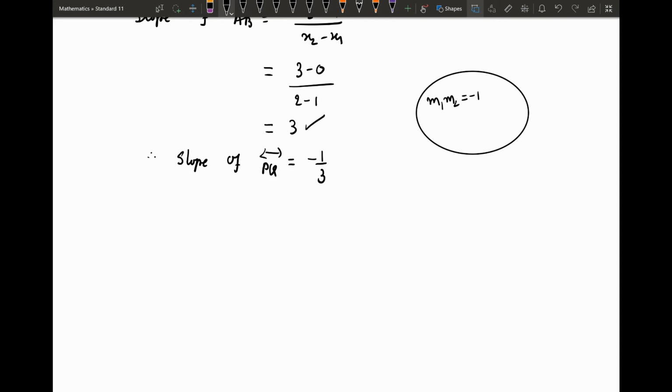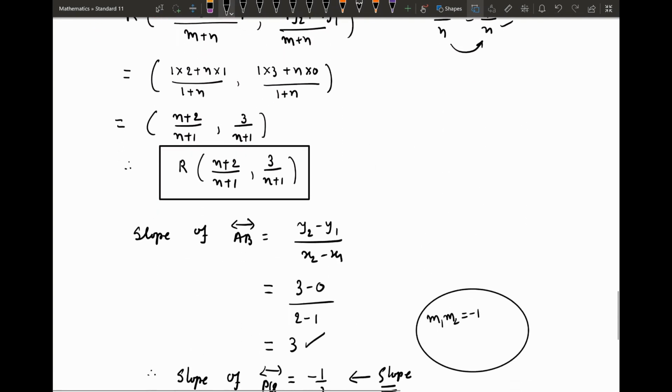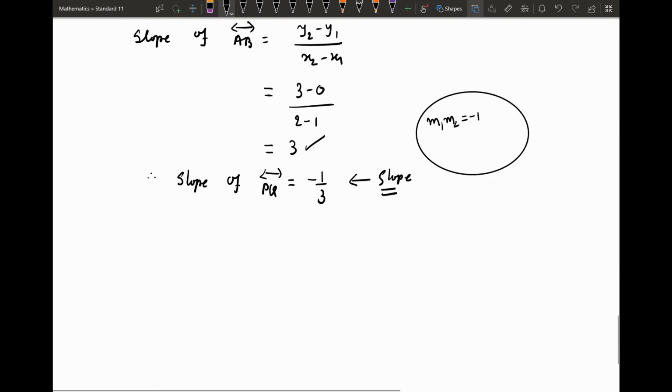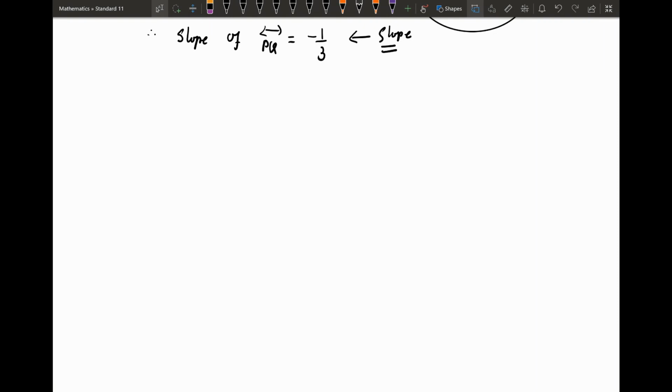Here slope is 3, so a line perpendicular to line AB always has slope minus 1 by 3. So slope is there, we obtained the point, this is the point. Now we can use point slope form.